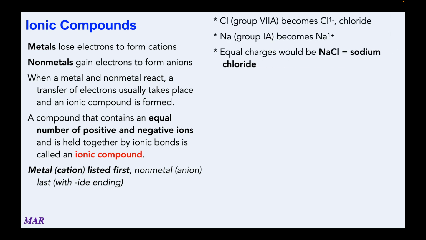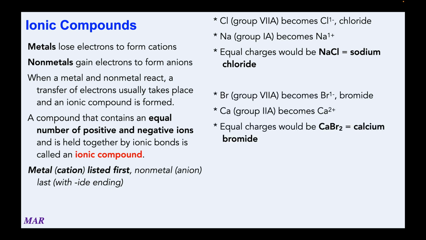So let's say you wanted to add chloride and sodium. Well, chlorine in group 7A gains 1 electron, 7 minus 8 is 1, becomes -1 chloride. And sodium in group 1A likes to lose 1 electron to become sodium plus. So sodium plus Cl minus, +1, -1, charges cancel, NaCl is the formula. Sodium chloride would be the name of that compound.